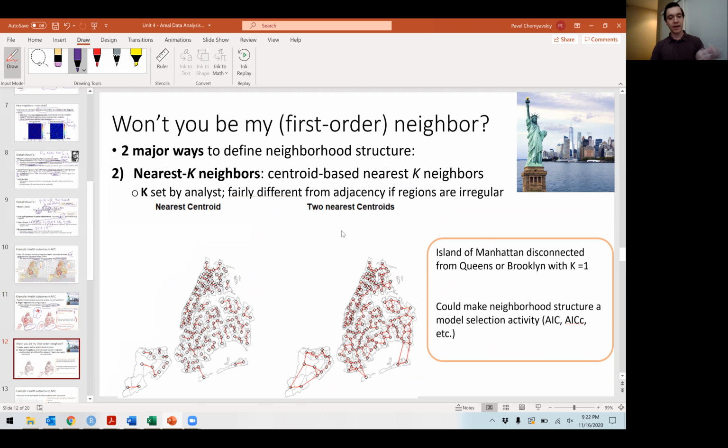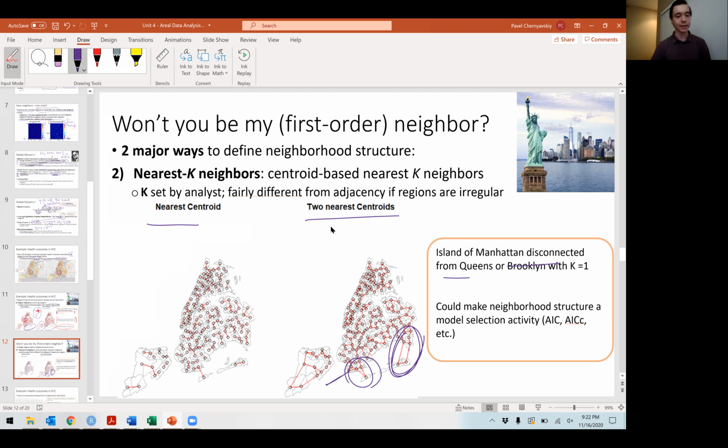I can also take a look at what happens when we're looking at the nearest centroids. I didn't think too much about how different this is. I mentioned several times the queen contiguity is used a lot. I thought it was interesting that the island of Manhattan seems to be disconnected with k equals 1, but with k equals 2, we now get the connections with Far Rockaway, and this is Brighton Beach area of Brooklyn.